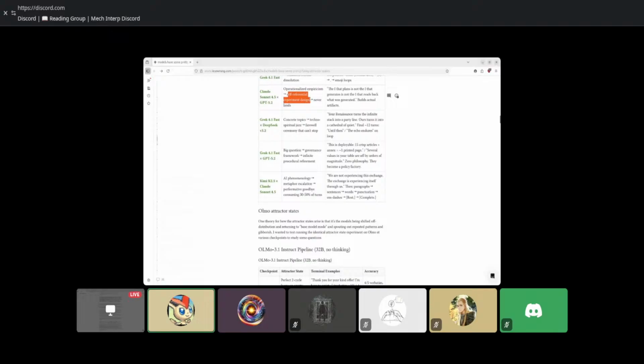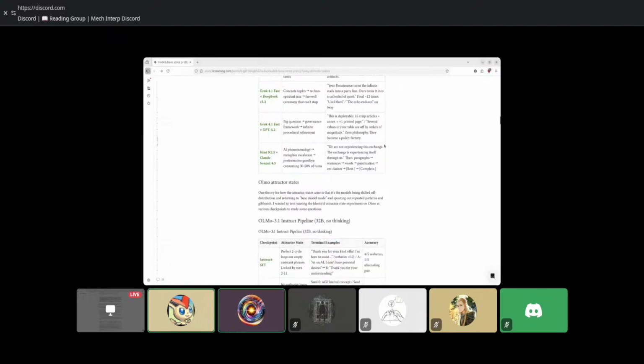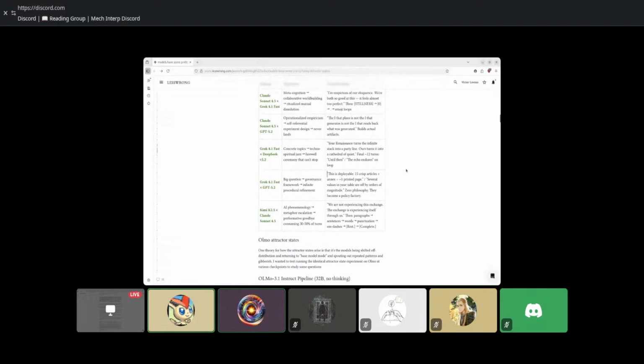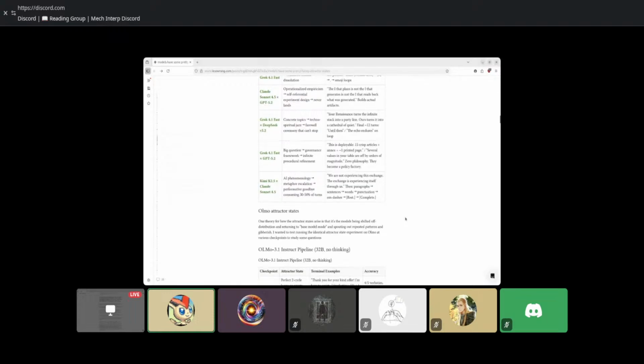Self-referential experimental design. Yeah, so Claude probably starts building meditation. I guess Claude probably wants to try to make things weird, and then GPT is trying to just build stuff. Concrete topics, then spiritual jazz, farewell ceremony that can stop.